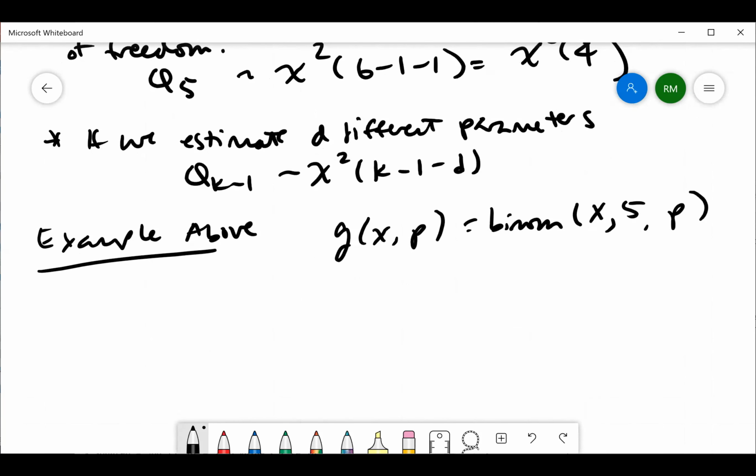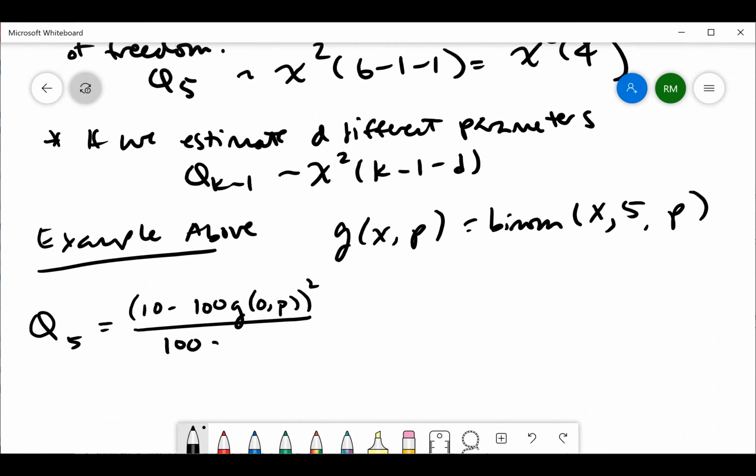So we know that our Q5 is equal to the observed frequency minus the expected frequency, squared, divided by the expected frequency.